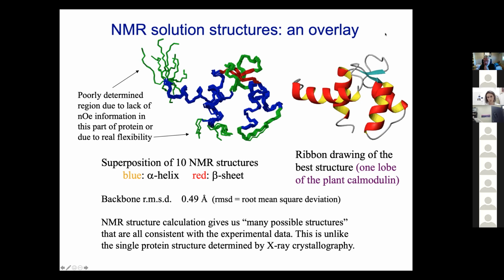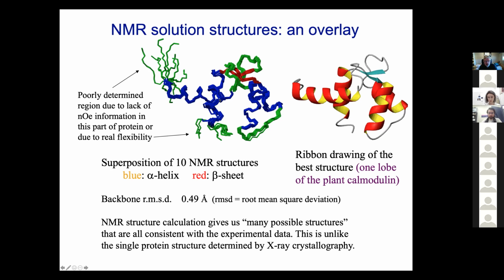And you can see helix, loop, helix, helix, loop, helix. And there's a tiny beta sheet between the two calcium binding loops indicated up here. And that's reflected. This is the same orientation of the 10 NMR structures. So you see that tiny beta sheet of two strands only between the two calcium binding loops is easily found.